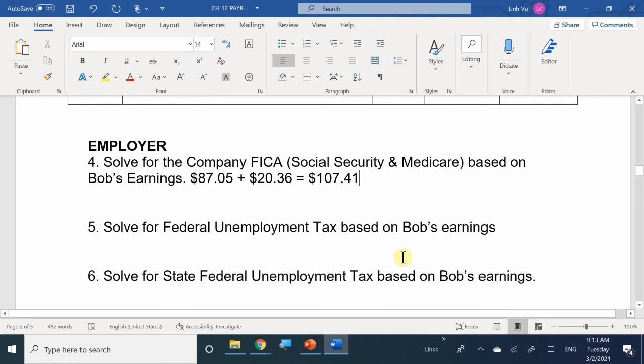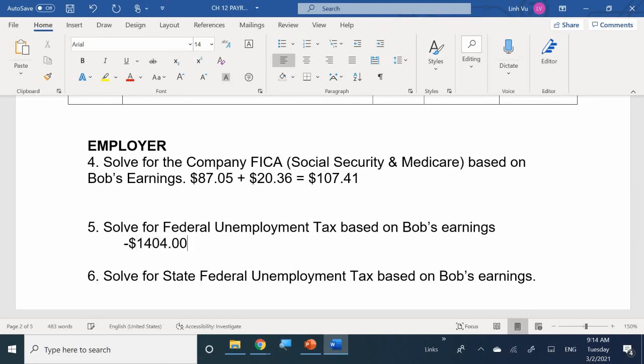So what about the federal unemployment tax? This is going to be based on Bob's earnings, so he earned a total of 1404. What percentage did I say that we're going to be teaching in this class only? 7.65% is Medicare and Social Security combined.